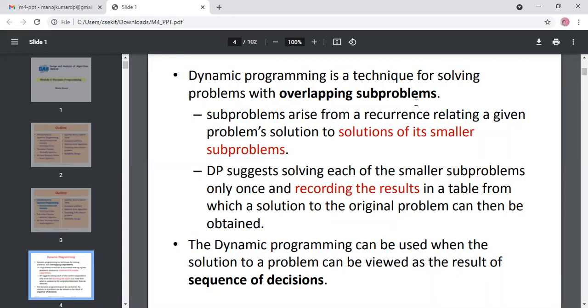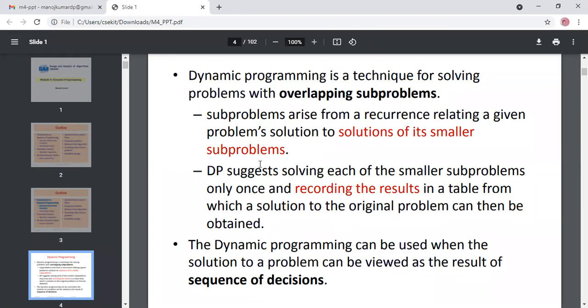Subproblems arise from a recurrence relating a given subproblem's solution to the solution of its smaller subproblems. We have seen many recurrence relations so far.